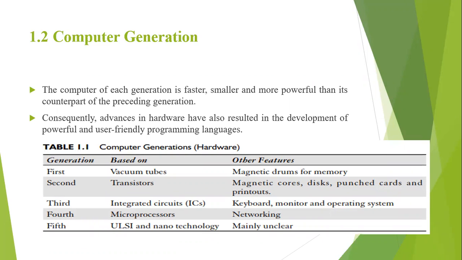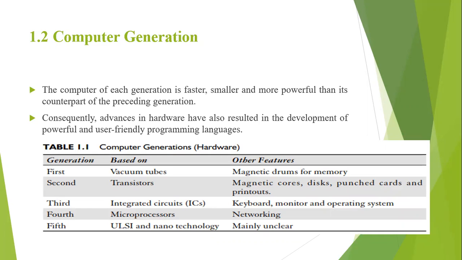Let us talk about the computer generations. As I mentioned, in today's class I will talk about computer basics, what a computer is, and also computer generations. We have seen many computer generations. The computer of each generation is faster.